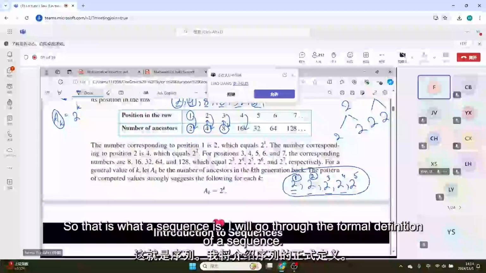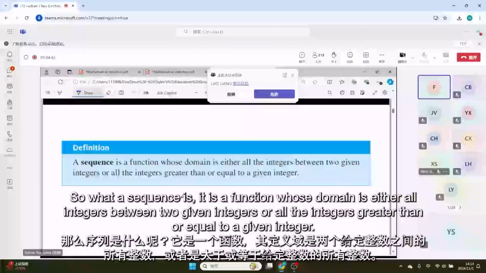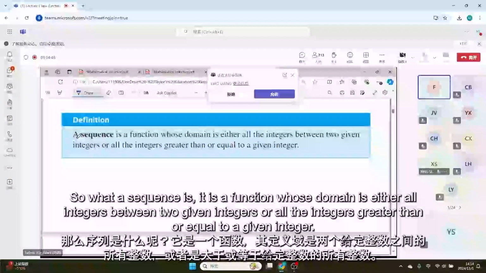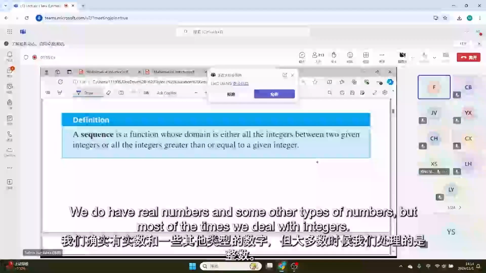I will go through the formal definition of a sequence. A sequence is a function whose domain is either all the integers between two given integers, or all the integers greater than or equal to a given integer. What does it mean? Here in discrete structures, mostly we deal with integers, whole numbers. We do have real numbers and some other types of numbers, but most of the time we deal with integers.